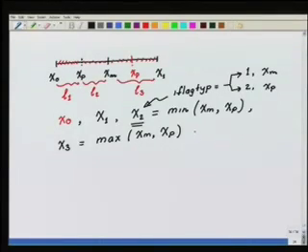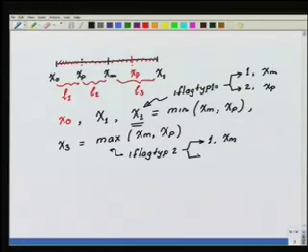Similarly here, for the max, we will have a corresponding flag, I flag type 2. This is equal to 1 if this is the point xm, and equal to 2 if it is the point xp. This is going to be useful.